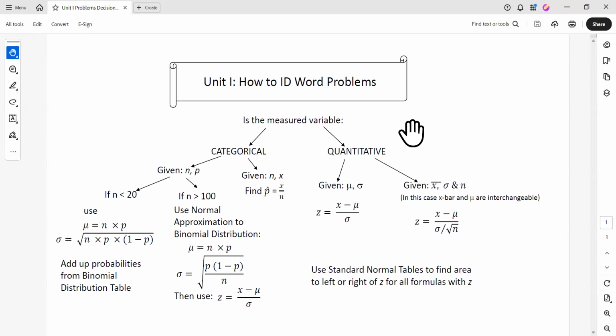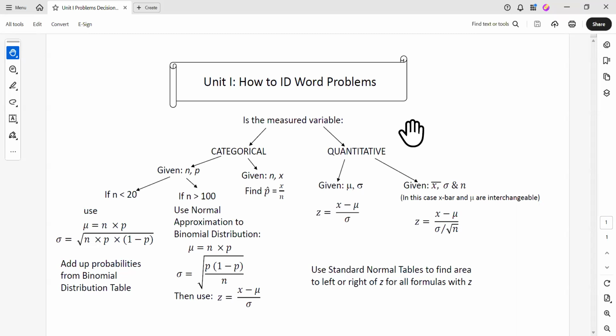All right, so on our categorical side, we're going to be using the binomial distribution as our basic distribution when we are looking at categorical data. So the simplest thing that you might be asked to do is just to find an estimated proportion.